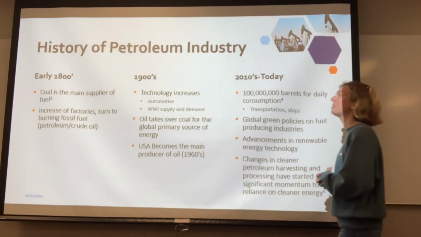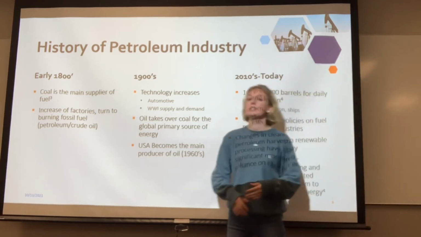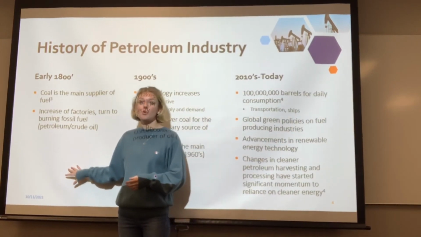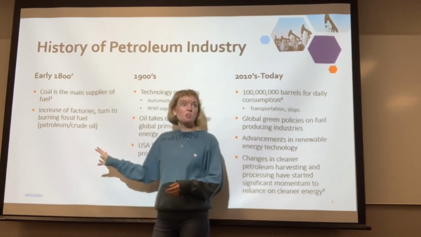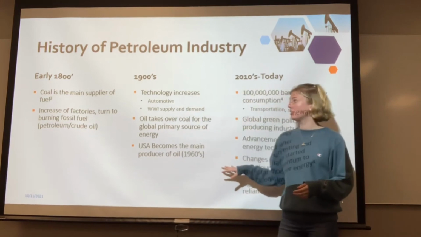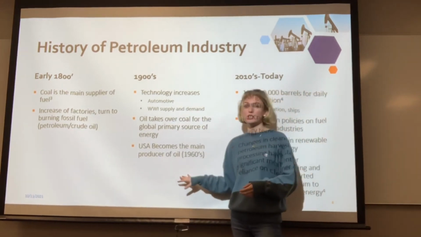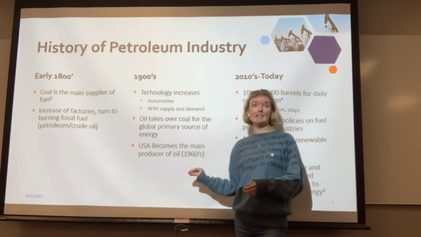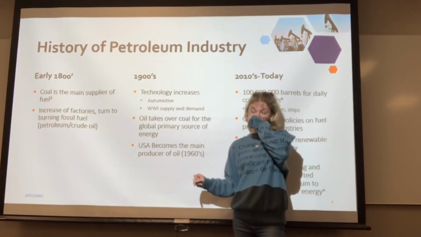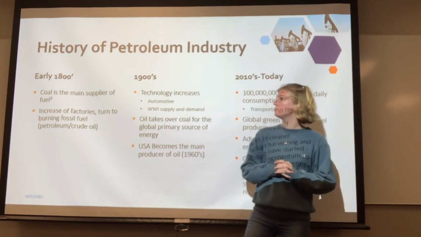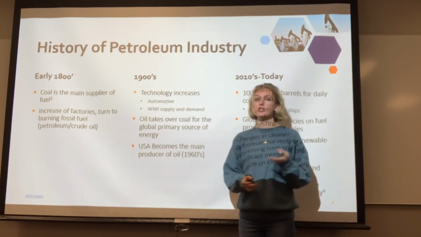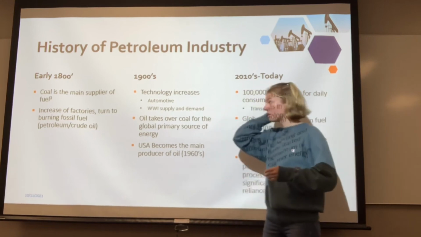So, a little bit about the history of petroleum. Initially, in the early 1800s, we relied on coal for our fuel, especially in factories, with one of the first industrial revolutions. In the 1900s, World War I came up, which created a supply and demand for oil, for this fossil fuel, to supply their ships, their planes, and factories to create products.